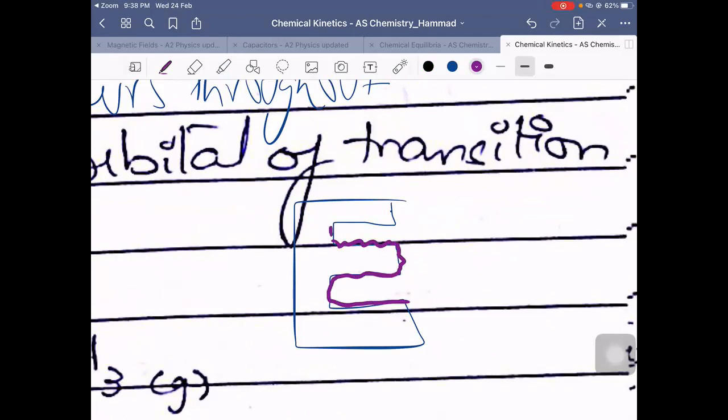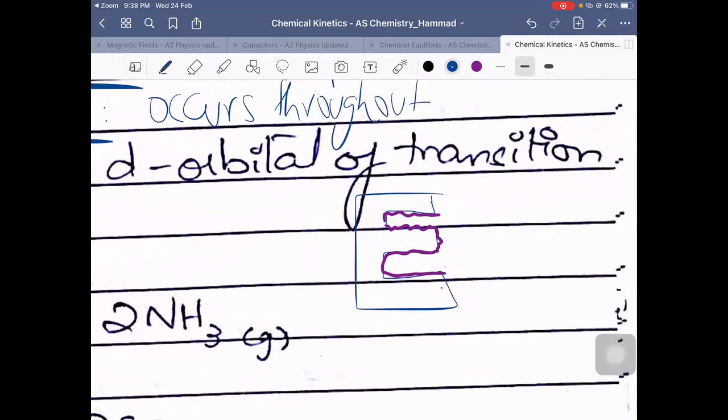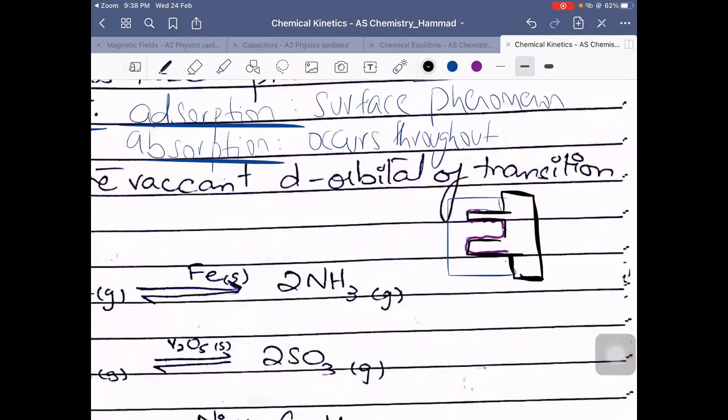Now, the material or the substrate will have to have this orientation, meaning to say only if it fits the active site of the catalyst will it perform its reaction. This is, by the way, called the lock and key hypothesis.